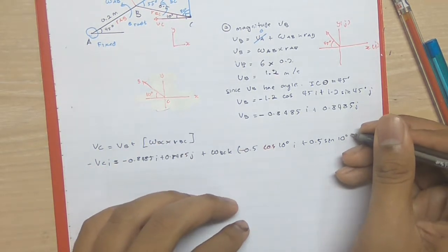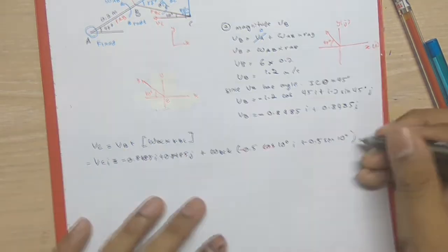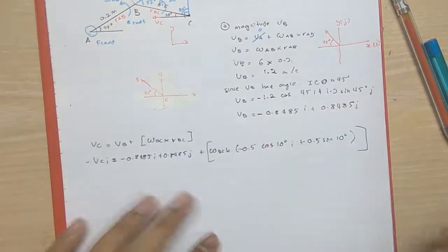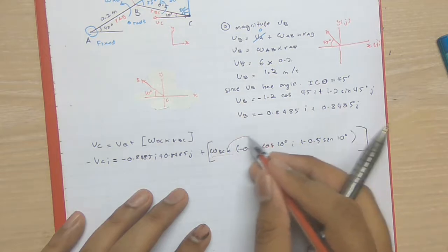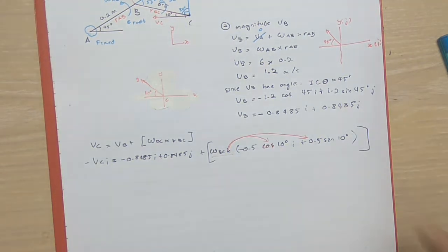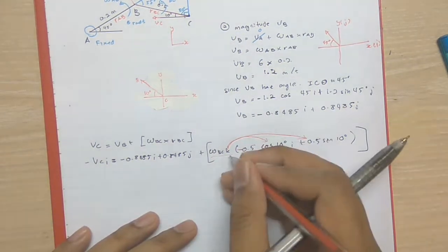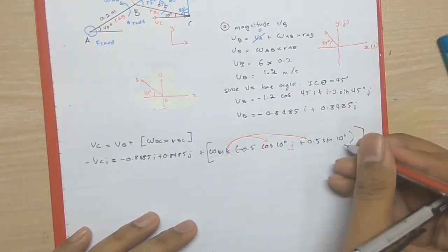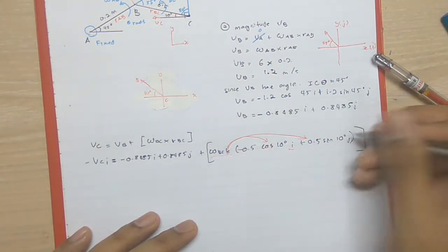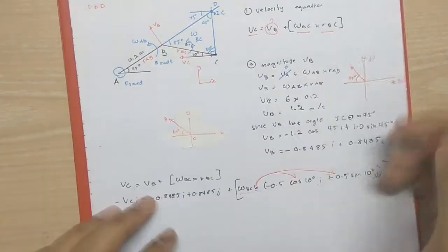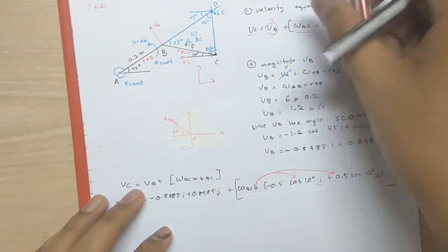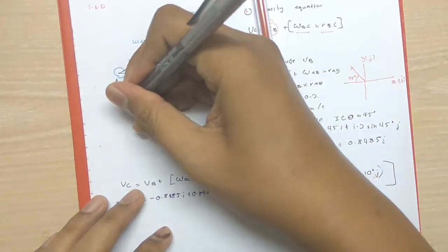So close bracket, because this one we need to multiply with this. So okay, you know about the multiplication of ijk.